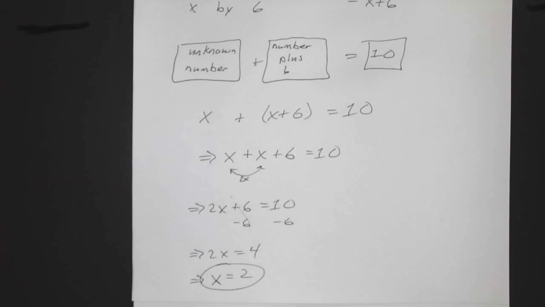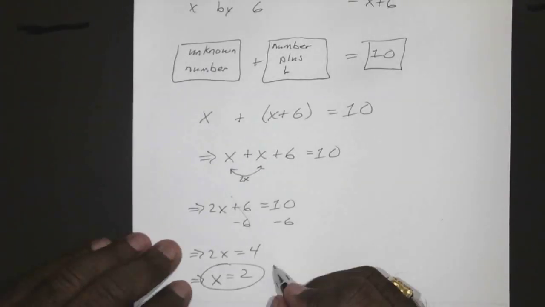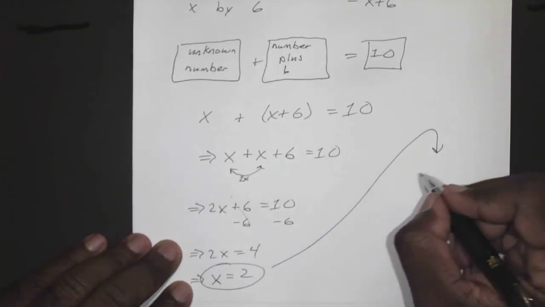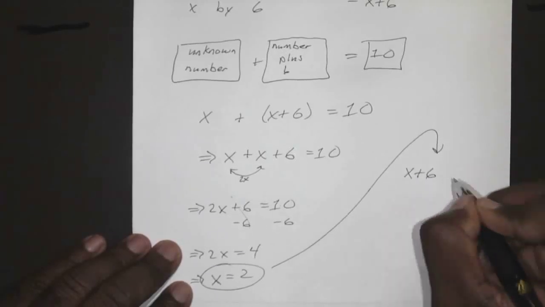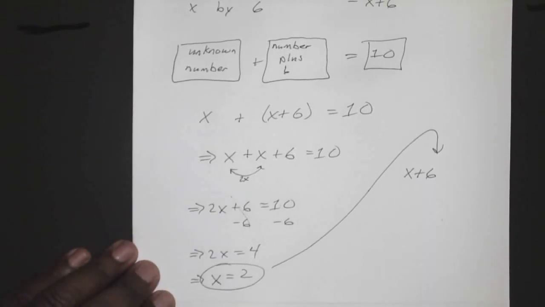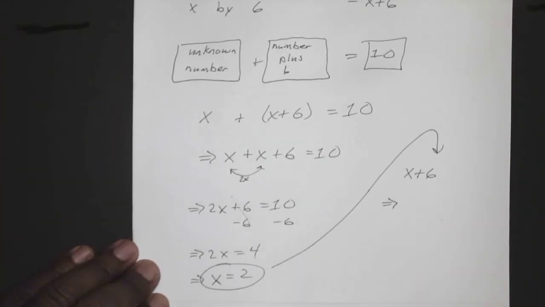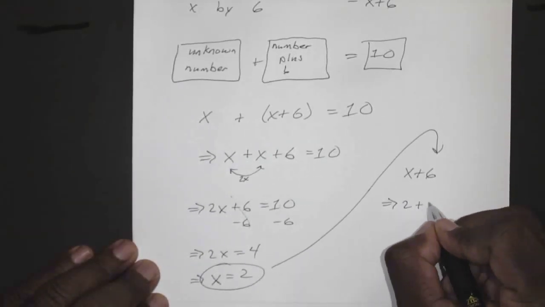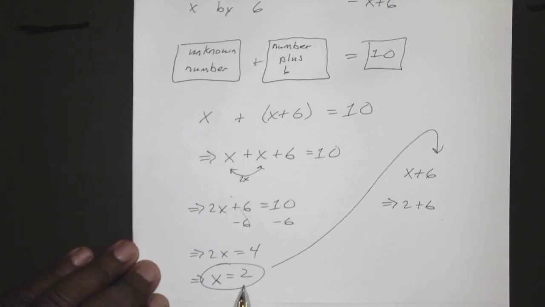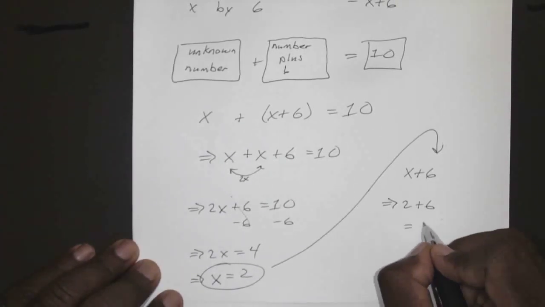Which is only half of your solution, because remember, you had a number and a number that exceeded it by 6. So we found your x. We still have to find our x plus 6. So that's just 2 plus 6, since we already solved for x, which is 8.